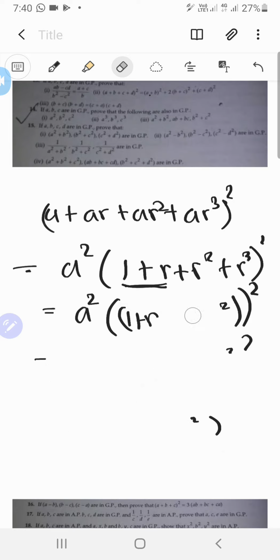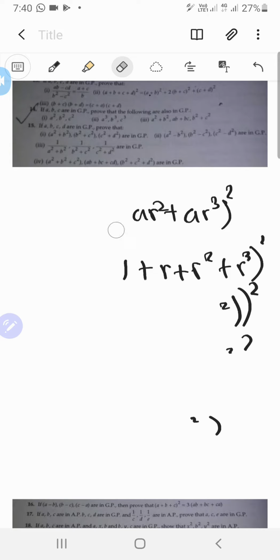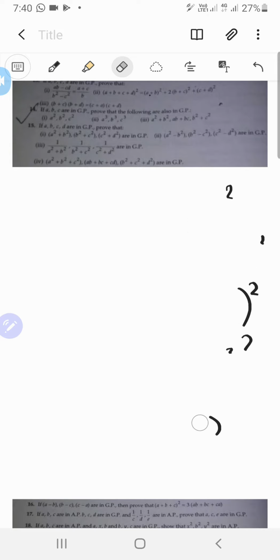Go to the next one. Okay, so the next one is, where is it? Oh, there it is, third one. b plus c into b plus d equals c plus d into c plus a. Okay, so let's use this. Write it in the usual format.